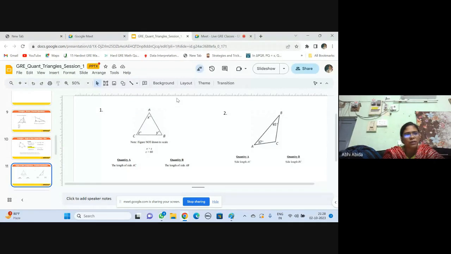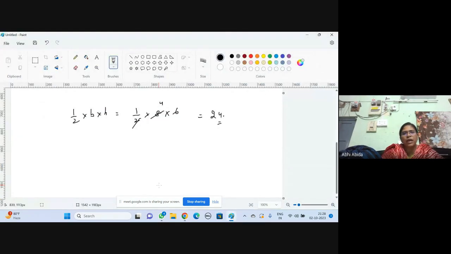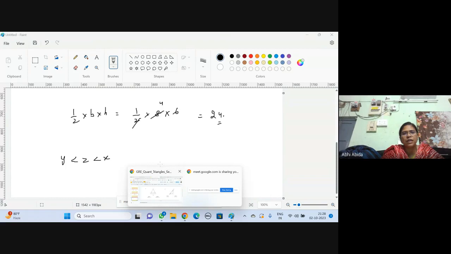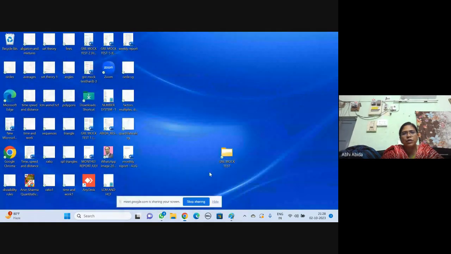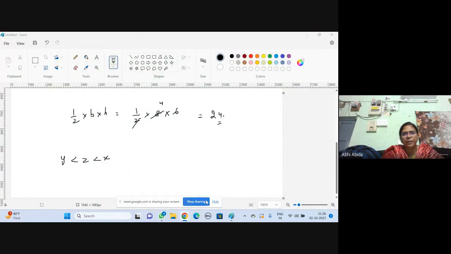X also should be greater than 60, right? Then what will be the y? We can frame an equation like this: y is less than z is less than x. By this condition we can say which one is greater or smaller.